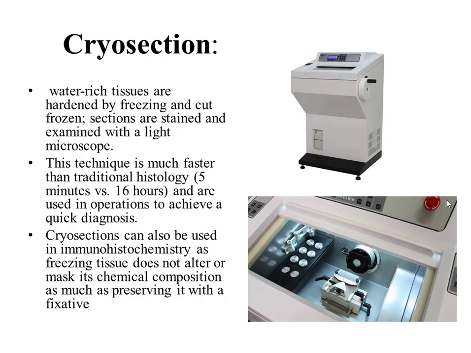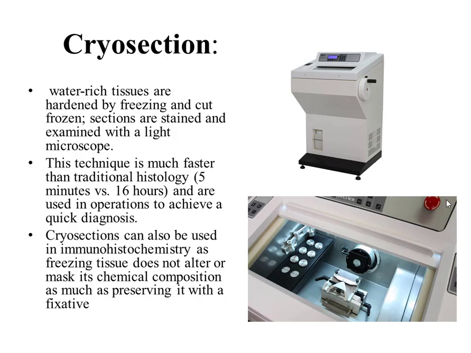Water-rich tissue is hardened by freezing and cut frozen. Sections are stained and examined with a light microscope. This technique is much faster than traditional histology, 5 minutes compared with 16 hours, and is used in operations to achieve a quick diagnosis.